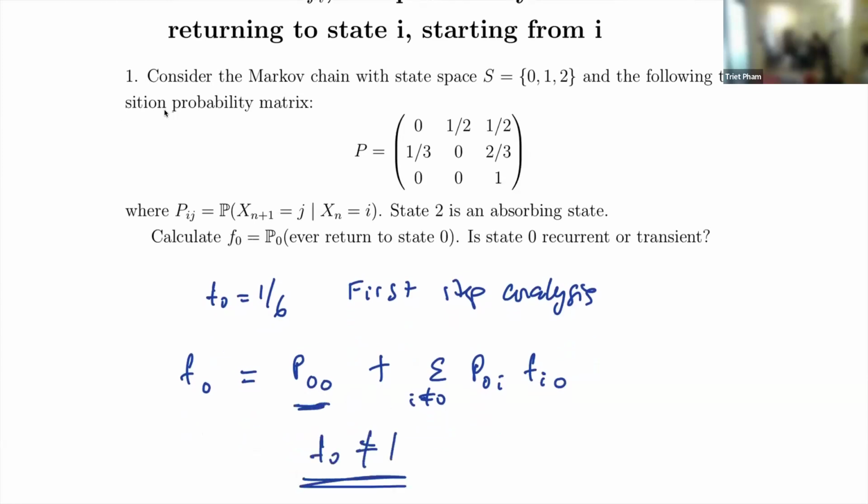F0 is a return probability. But here, when you go from 0 to 0, you're done. So that's the first step analysis. Anyway, here P00 is 0, so we don't have to worry about that. But that's the first step analysis here.